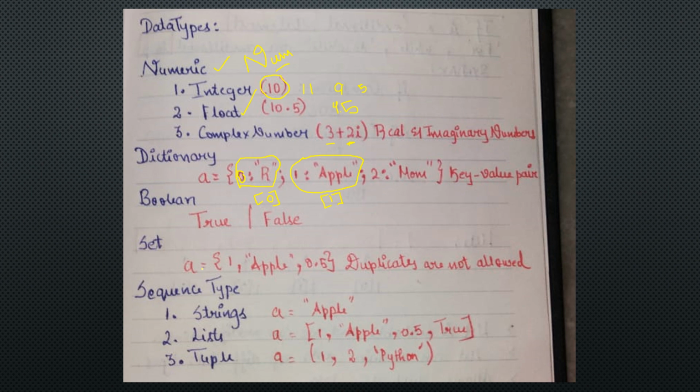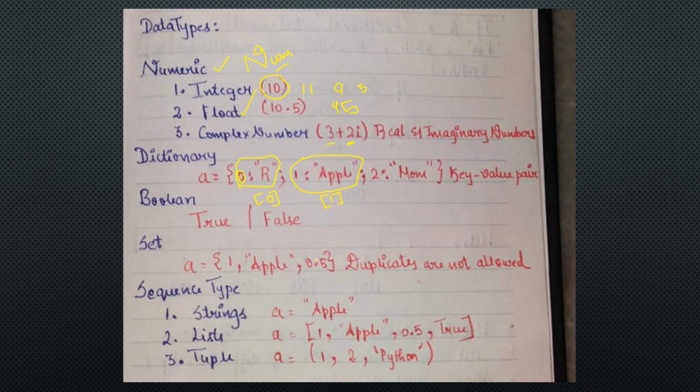Now what is a set? A set is also enclosed within curly braces, but it can have values of different data types. For example, at the zeroth index position we have an integer, at the first index position we have apple, which is a string, and 0.5 is a float.